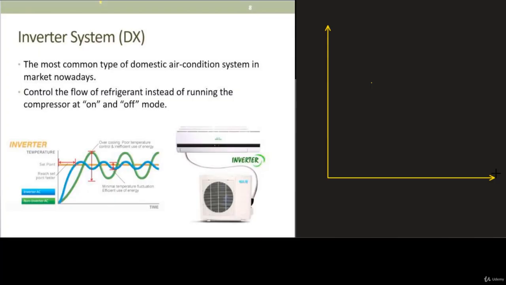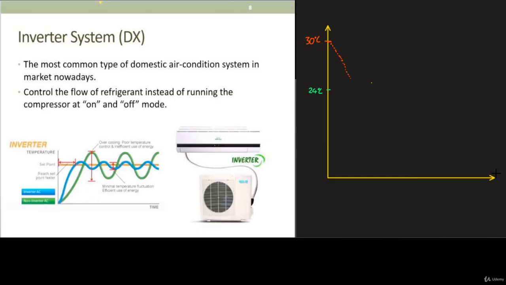For example, in the past, when you just switch on your aircon and your room is around 30 degrees Celsius, what will happen? Temperature will start to decrease. Say you set a set point at 24 degrees Celsius, your temperature will slowly reduce towards the set point.